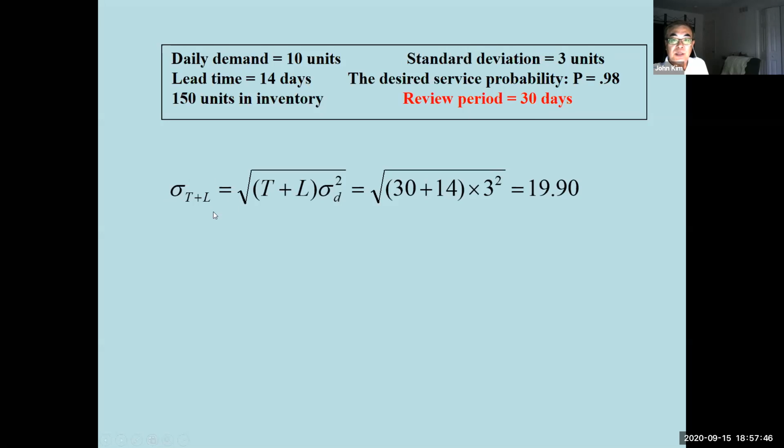We need the standard deviation during term plus lead time: the term 30 days, every 30 days, plus lead time 14, times 3 standard deviation squared, and then square root, 19.9. And then we need a z-score for 98% service probability.